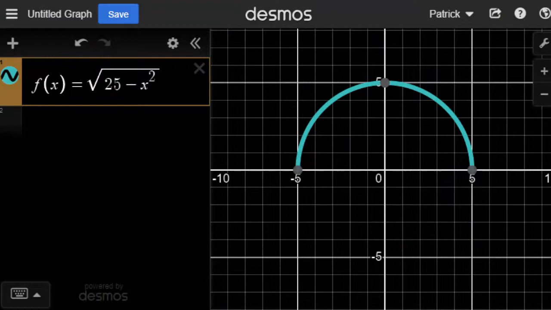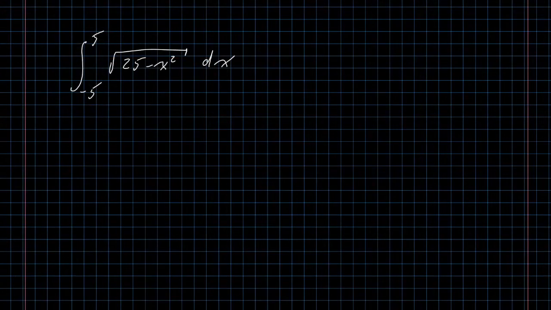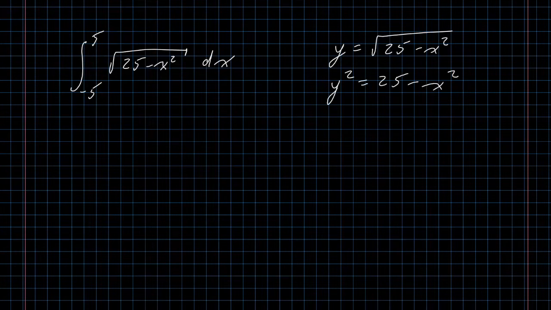If you don't recognize it right away, let me come back to my notepad and rewrite the graph here is y equals the square root of 25 minus x squared. And if I square both sides of this equation, I get y squared equals 25 minus x squared. And if I add x squared to both sides of this equation, I get x squared plus y squared is equal to 25.